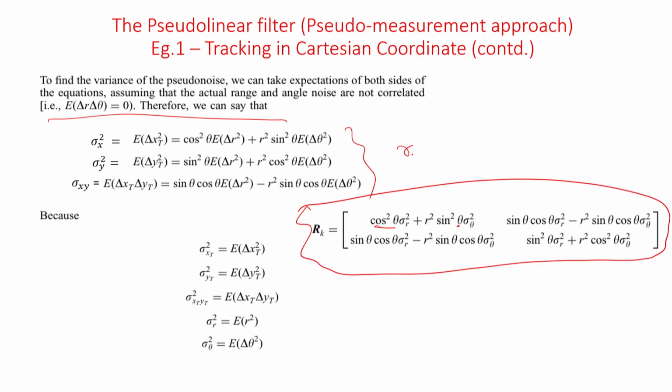So, r pred will be r of k minus 1, which is the square root of x of k minus 1 square plus y of k minus 1 square, and theta will be arctan of y of k minus 1 divided by x of k minus 1, right. So, this is your theta predicted. With these two things, you put them into R, and at each and every dt your R is going to be updated after your prediction cycle, in the measurement update cycle, so that your Kalman gain will vary.